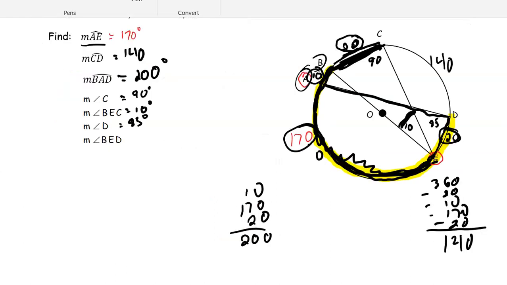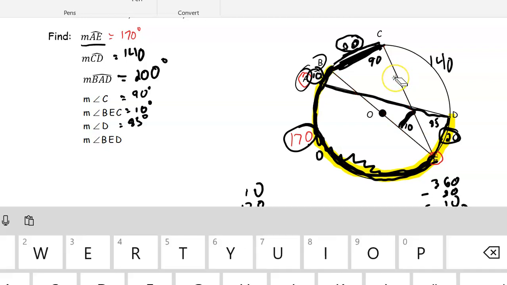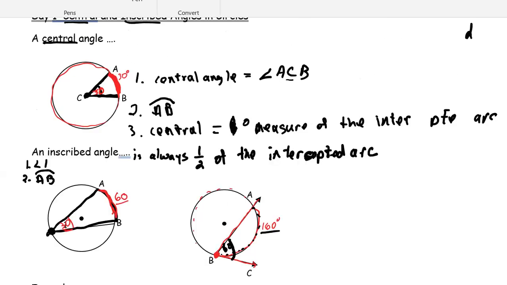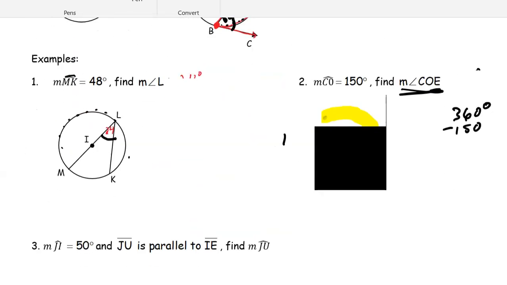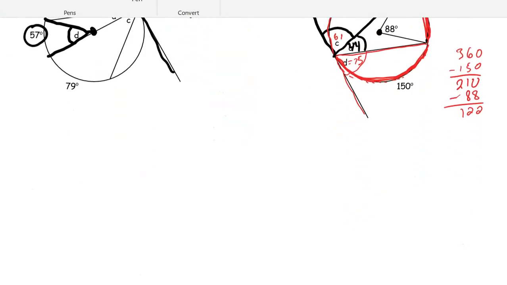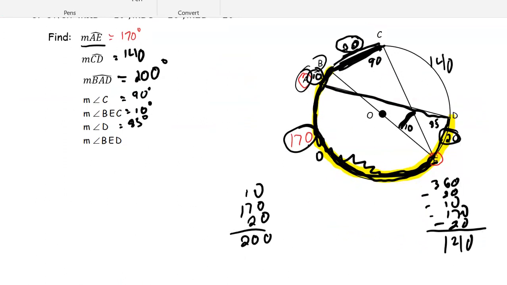So BED would run from B down here to E, up here to D. So it goes from here to here to here.